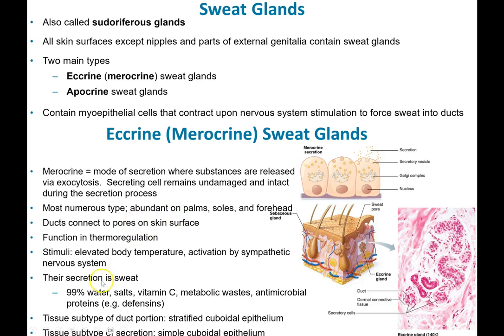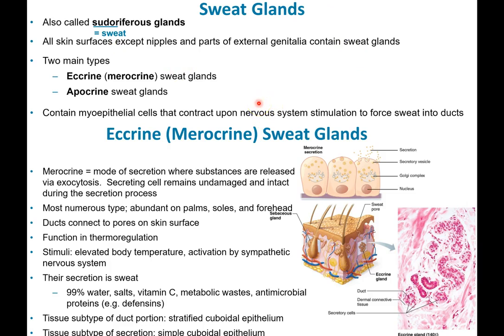Now, the scientific term for sweat gland is sudoriferous gland, which comes from the Latin word sudor, meaning sweat. With the exception of the nipples and various parts of external genitalia, all skin surfaces contain sweat glands.